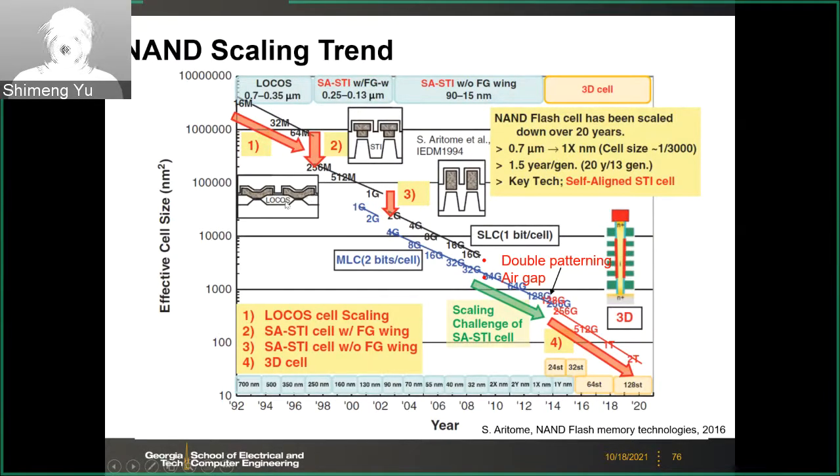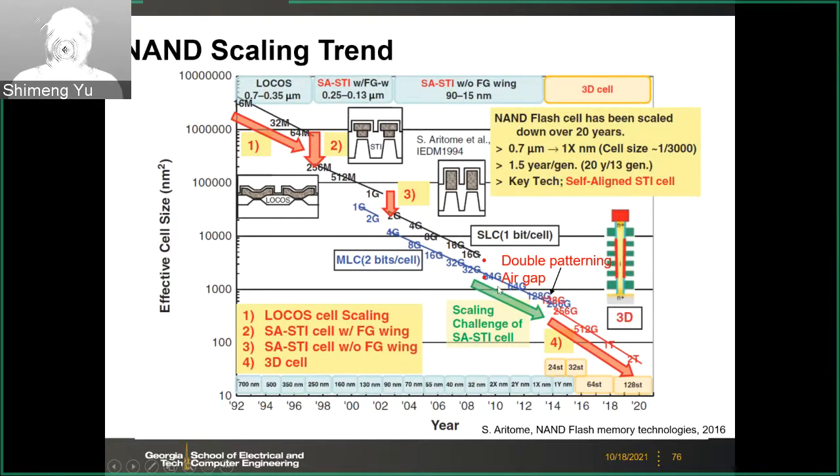So you see the structure change from the very old days, the low-temperature thermal isolation between the active regions, and then you change it to STI, shallow trench isolation. And then it keeps going, and then we introduce the multi-level cell, and then the triple-level cell, TLC.